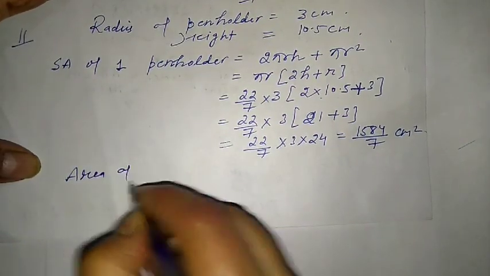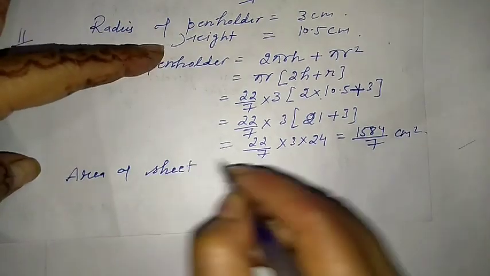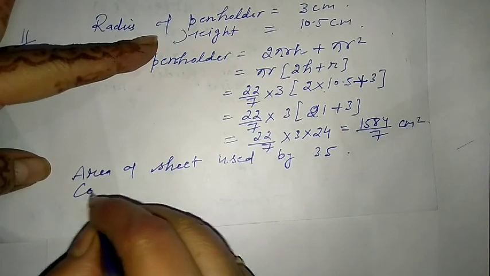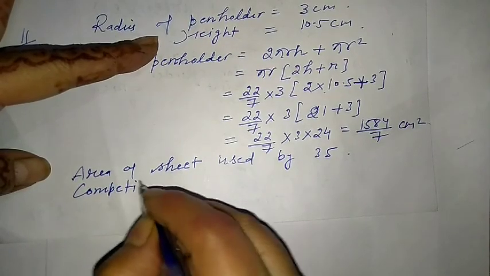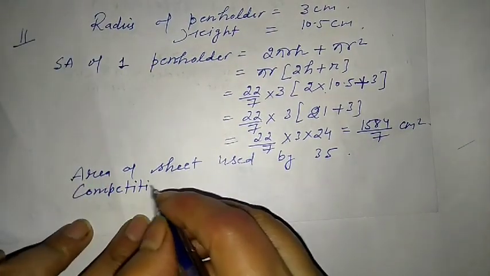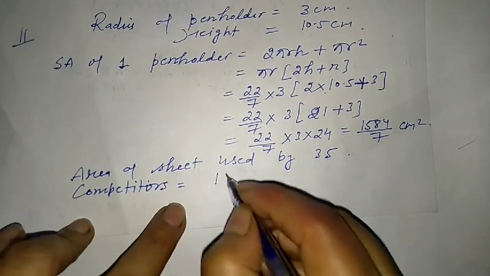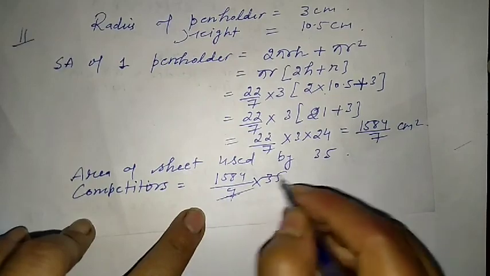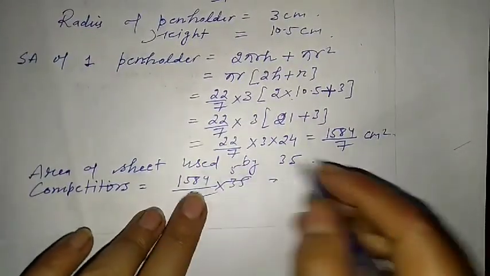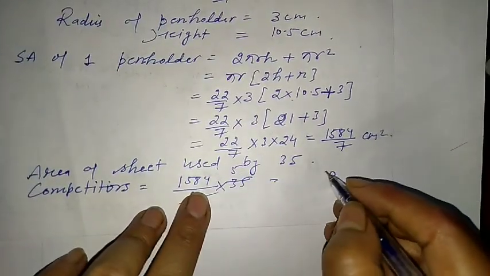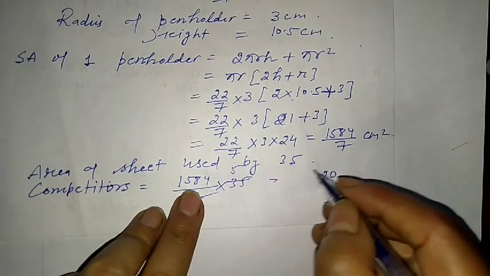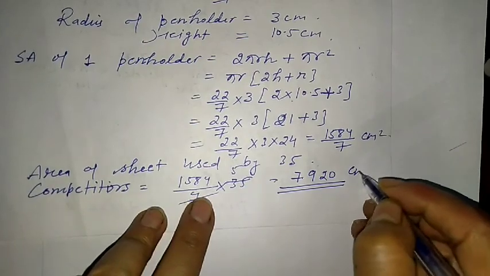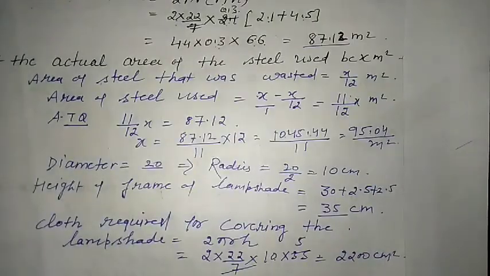Now area of sheet used by 35 competitors is equals 1584 upon 7 into 35, that is 5, and if we multiply 22, then here 2, 25, and here is 9, 1 5 is 7. 7920 centimeter square cardboard is required.